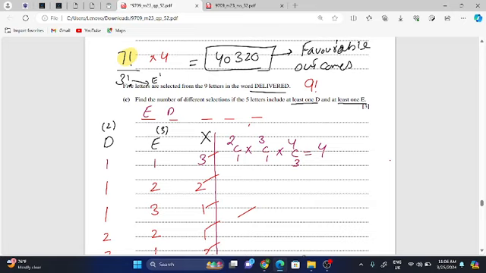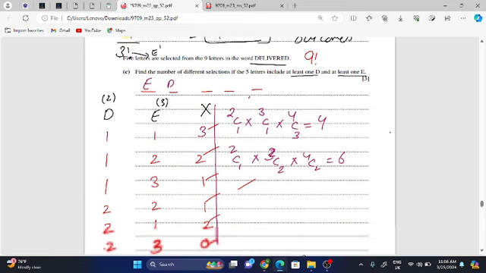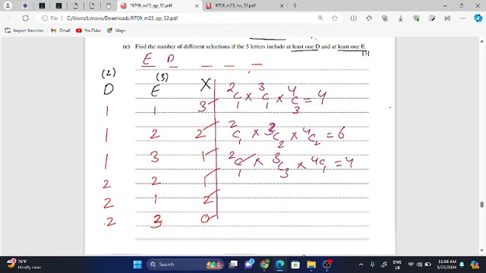Okay, next one is 2C1, 3C2, 4C2. That is coming as 6. Then 2C1, 3C3, 4C1. That is coming as 4. Then 2C2, 3C2, 4C1, actually this is 4C1.